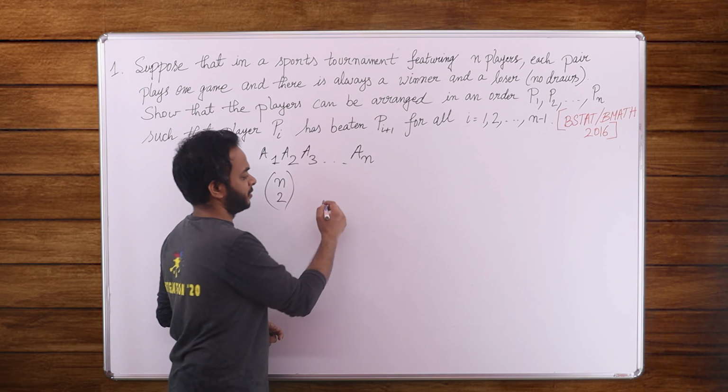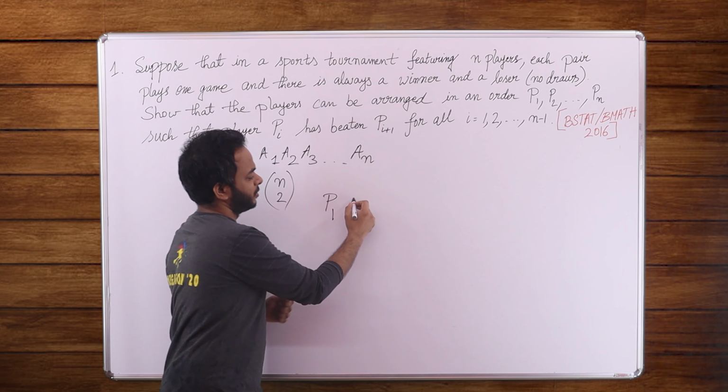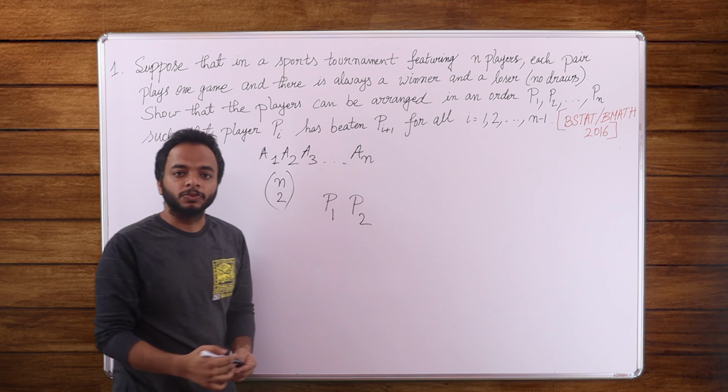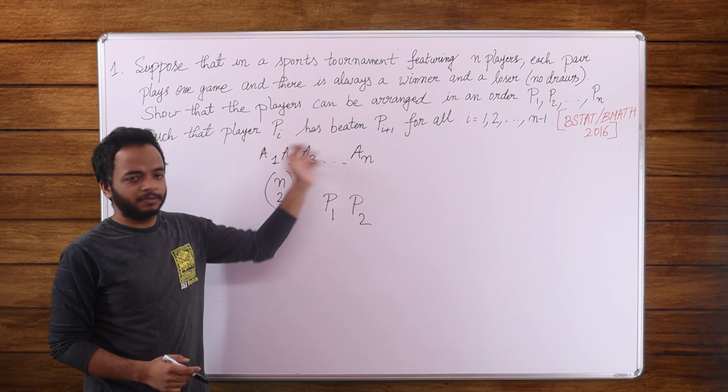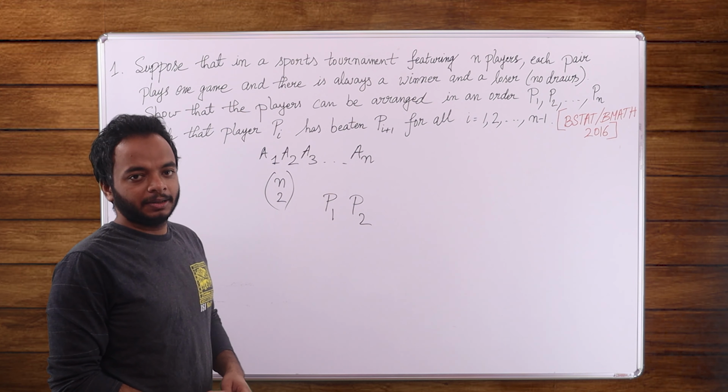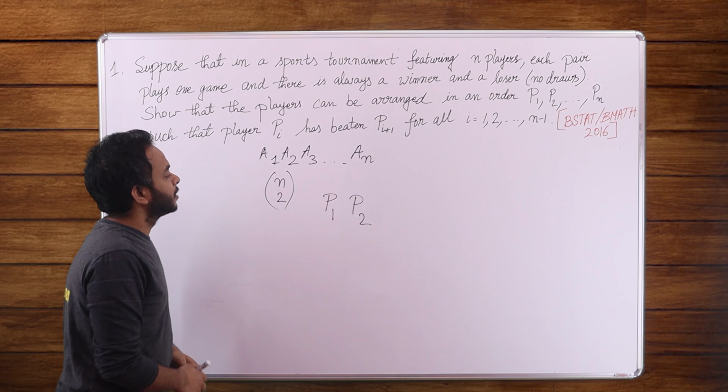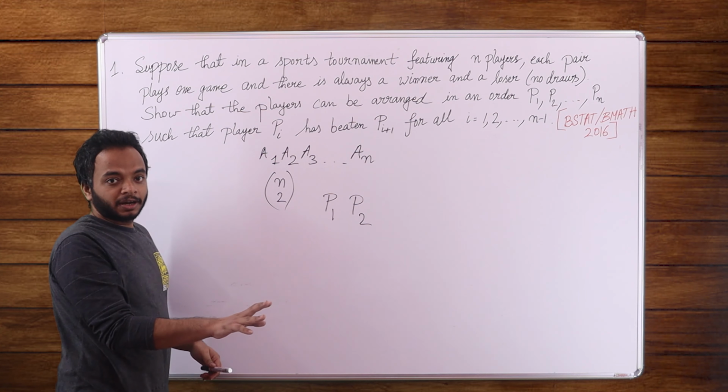P1 can be any one of the players from here. P1 has defeated some other player, suppose I name it P2. Now P2 will come from here. So P1 has defeated P2. It can't be that P2 has defeated P1, since all the games are over.